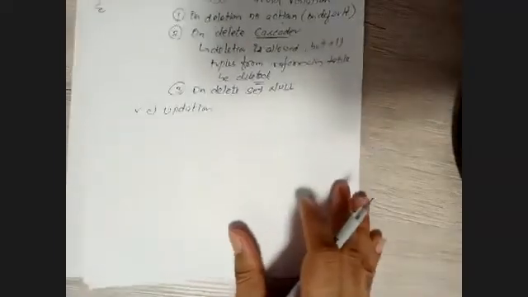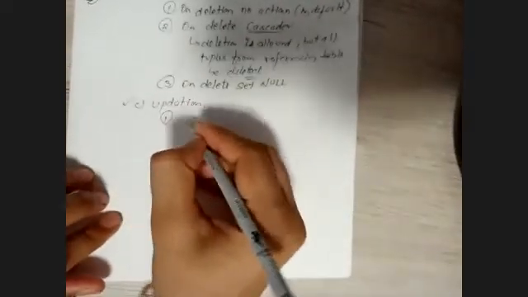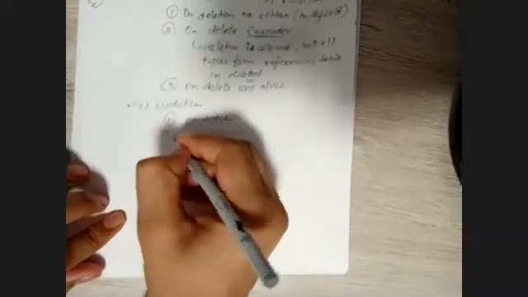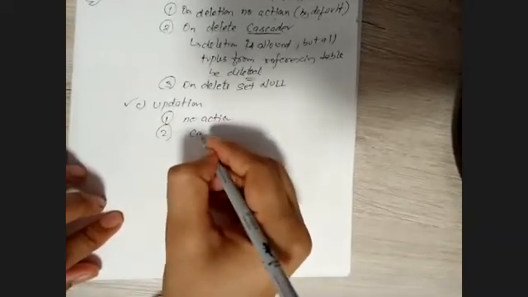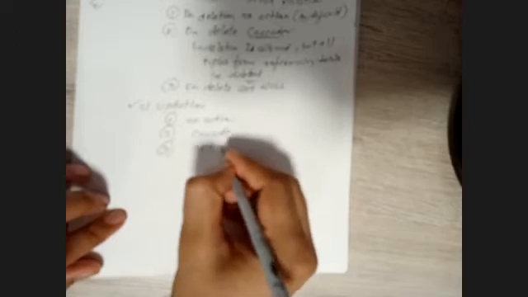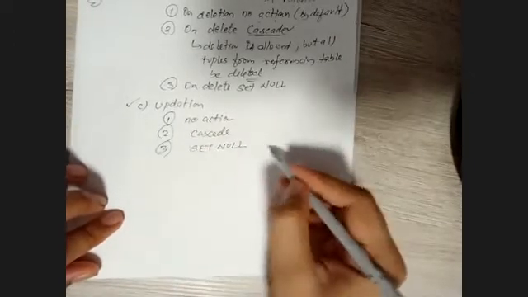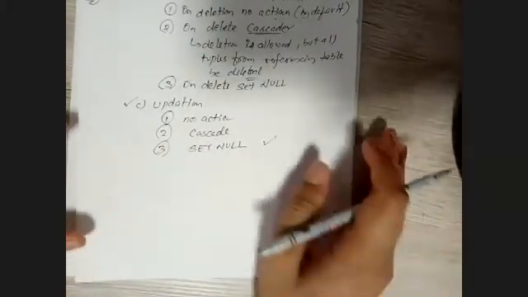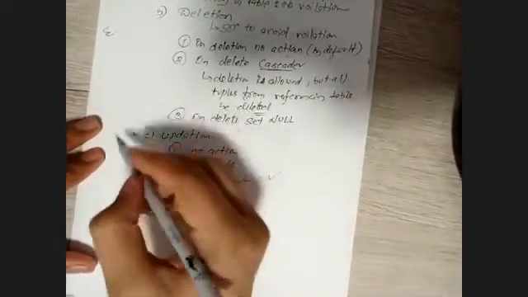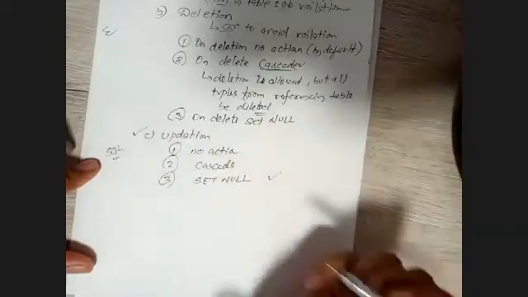So in this way, for updations as well, the first one is no action, the second one is cascade, and the third one is probably set null here. So these are again things you need to take care of, right? But the important part is, the updation part will come up when you perform SQL queries there.